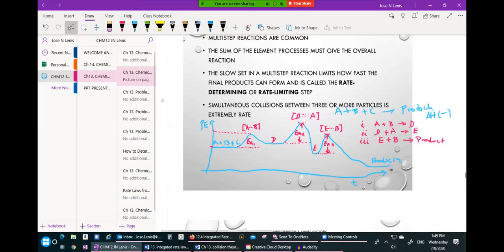This is not the slowest, sorry, this is the lowest activation energy of all. So let's assume this activation energy 2 is higher than this. That means this hill is a little bit higher than this.